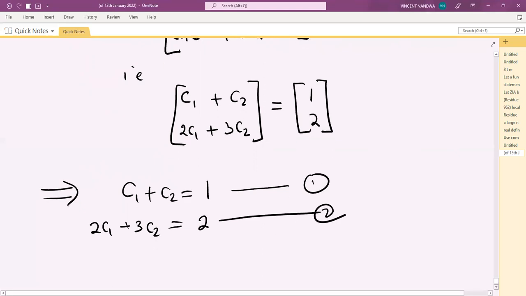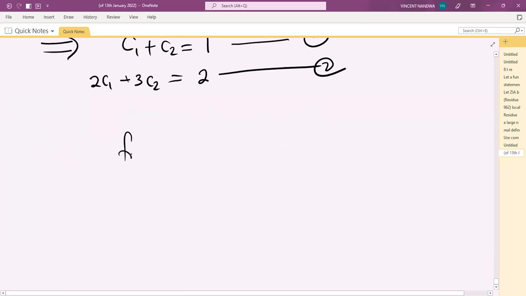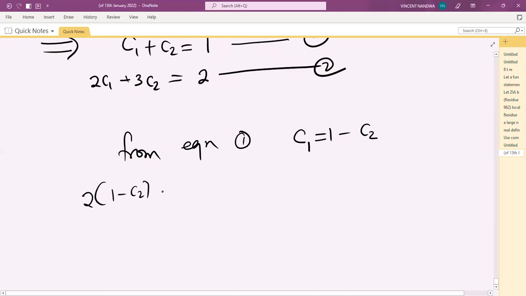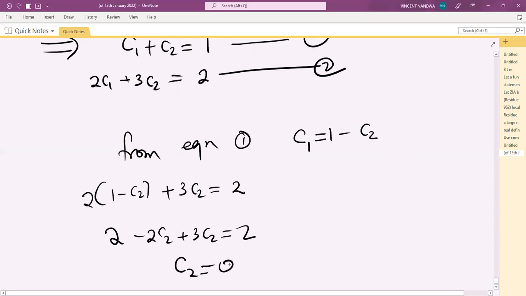Now from equation 1, C1 is 1 minus C2. So replacing this one in equation 2, we'll have 2 into 1 minus C2 plus 3C2 equals to 2. So 2 minus 2C2 plus 3C2 equals to 2. So C2 is 0.